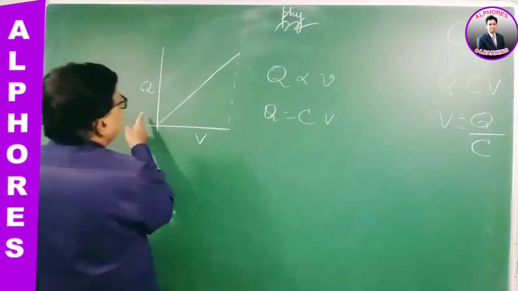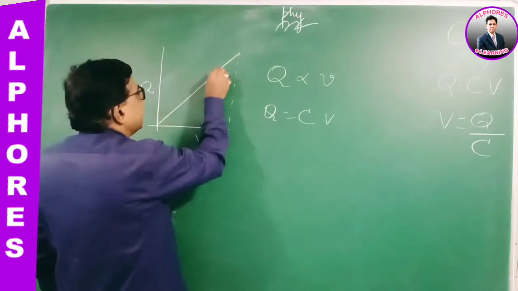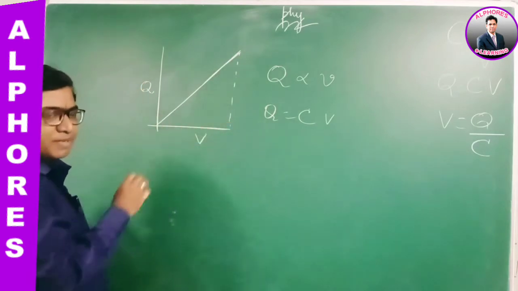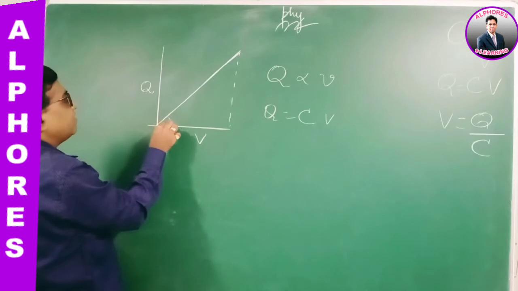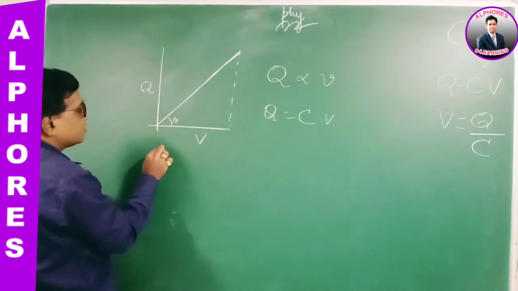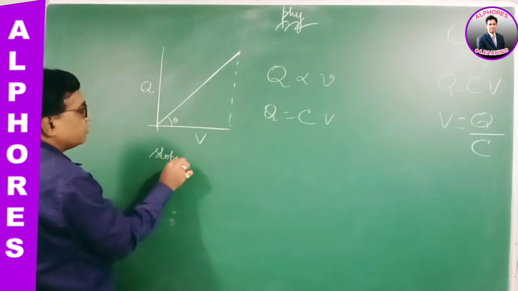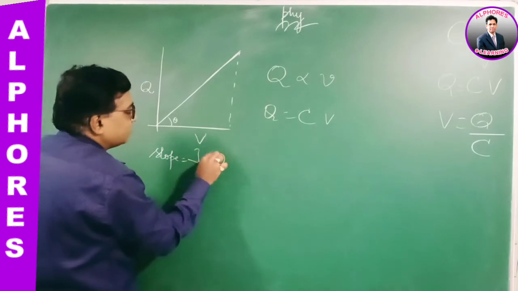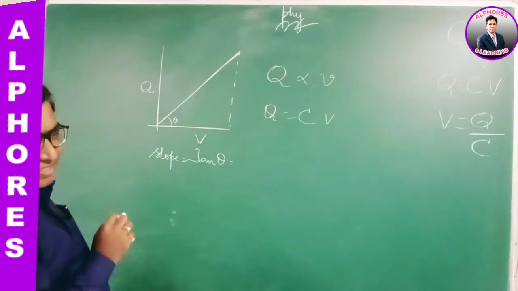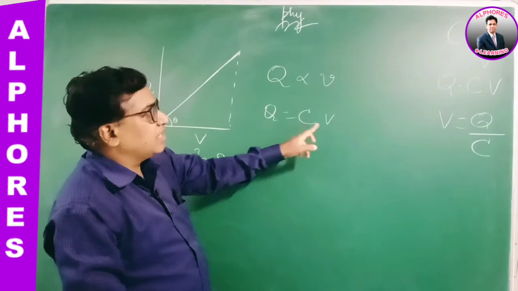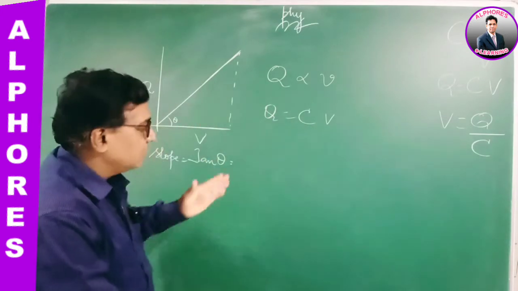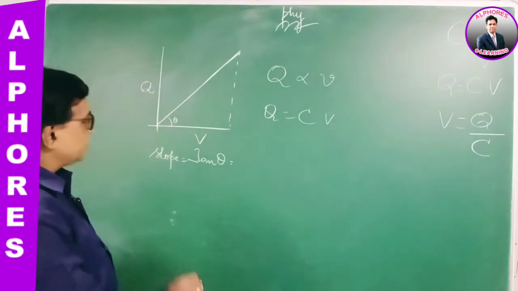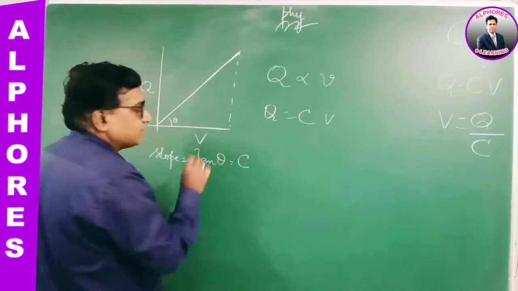If I draw a graph between Q and V, it represents a straight line passing through the origin. If this angle is theta, the slope of the line is tan theta. This is in the form y is equal to mx, with y-axis charge Q and x-axis potential. So m is the slope, which is the capacity C.